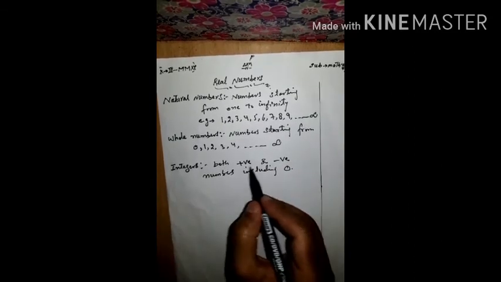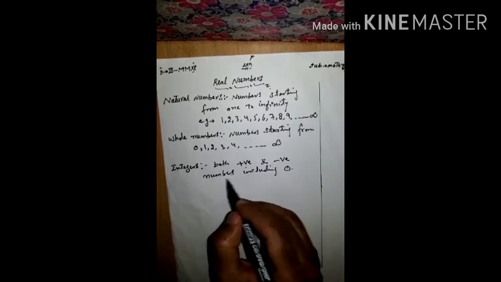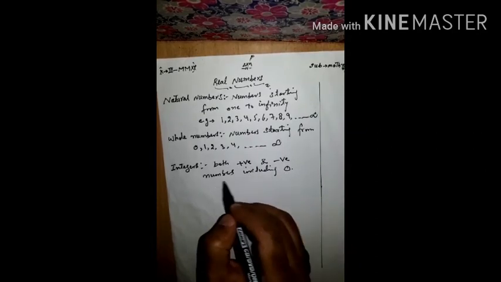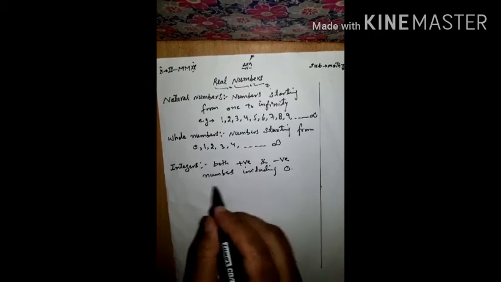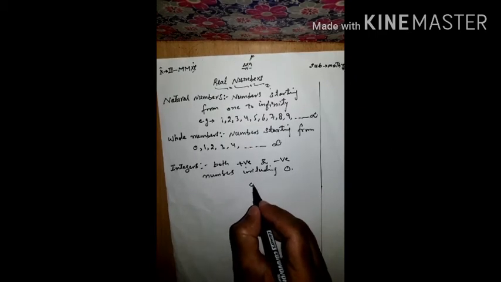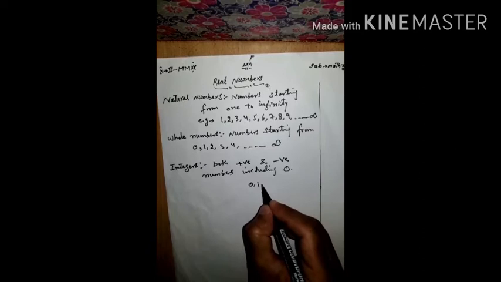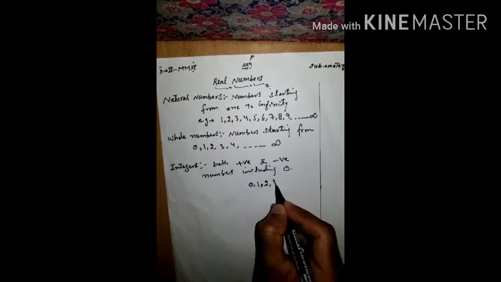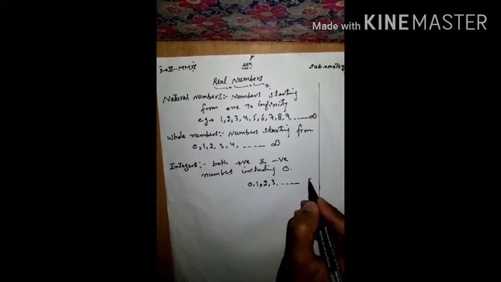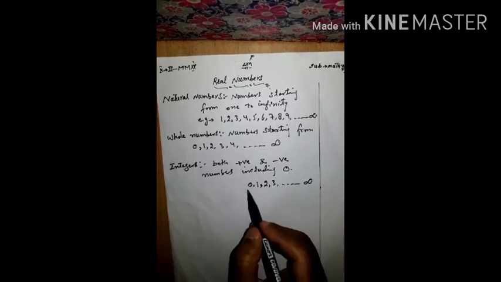So both positive and negative numbers including 0 are called integers. Like for example, if we take 0, 1, 2, 3, so on up to infinity.